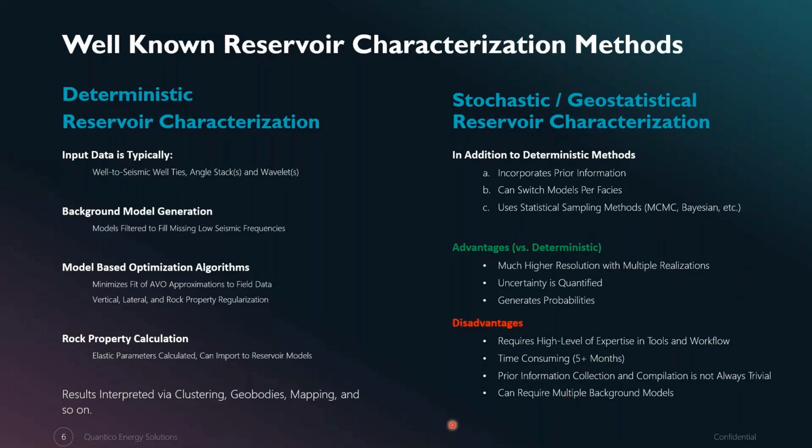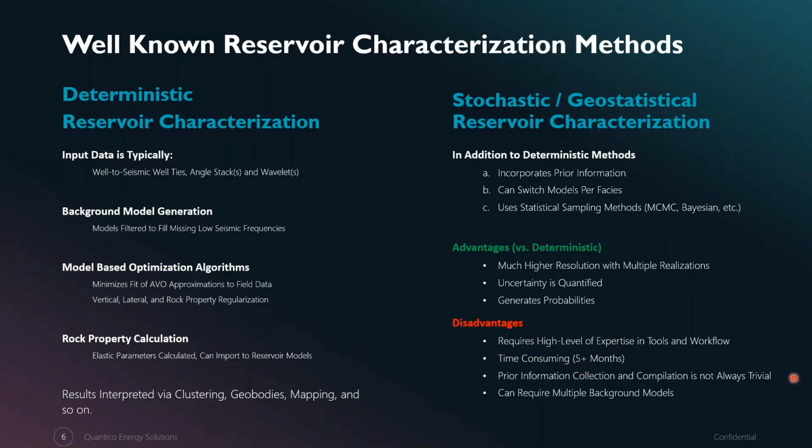The disadvantages are, as I mentioned before, and I can't stress this enough, it requires a high level of expertise in tools and workflow, and not everybody has that much experience to be able to use these kind of tools. And sometimes they're very time consuming. From experience, most geostatistical inversion projects can take anywhere from 4 to 6 months, and I just put in 5+ months for average here.